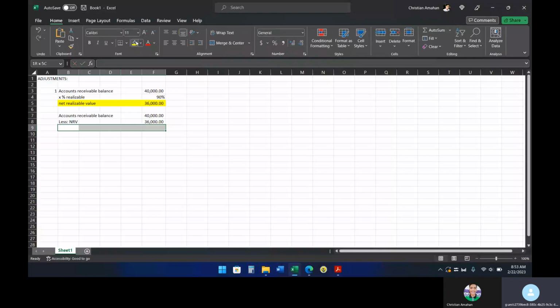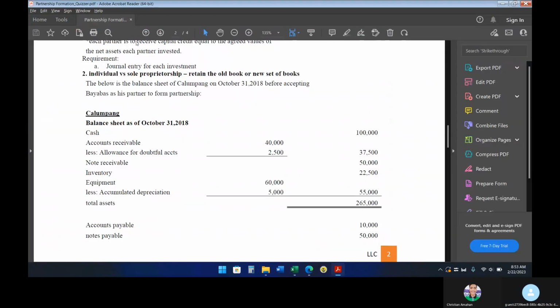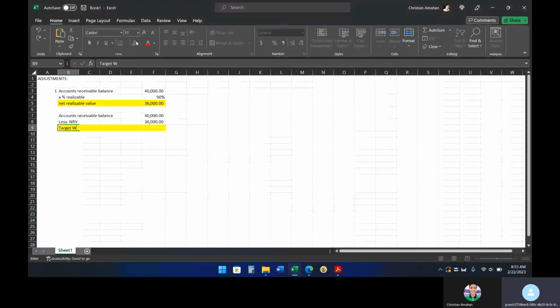So ang ato ang estimated or target allowance for doubtful accounts is at 40,000 minus our net realizable value is 4,000 pesos, no?